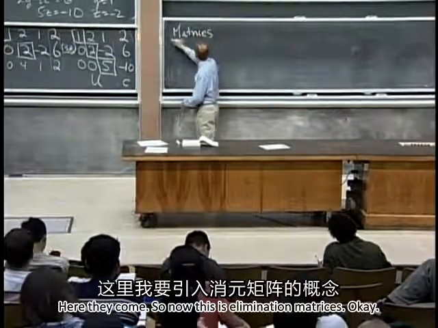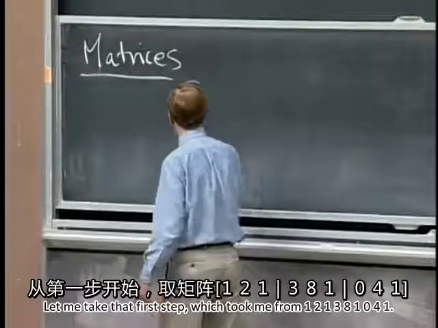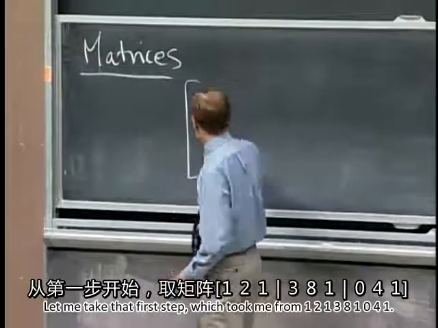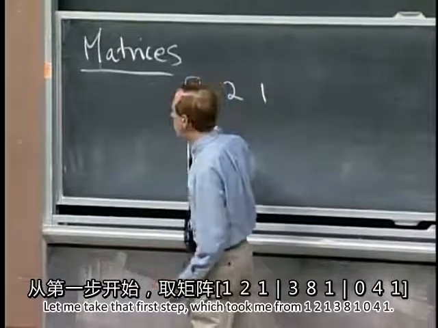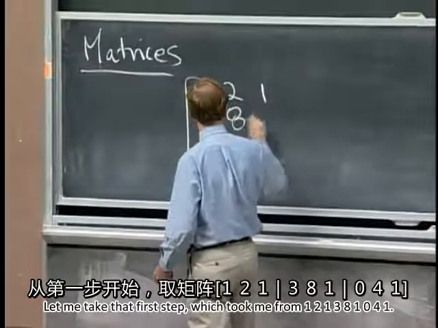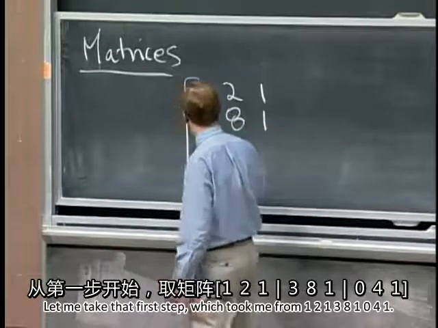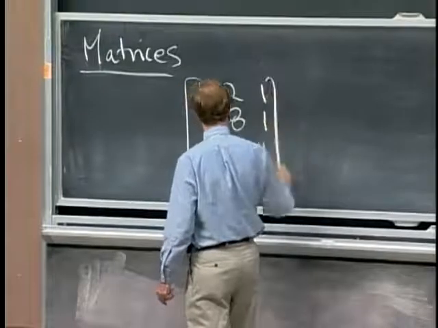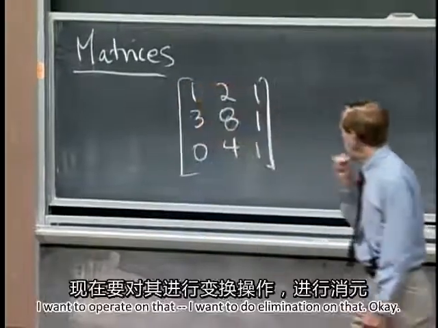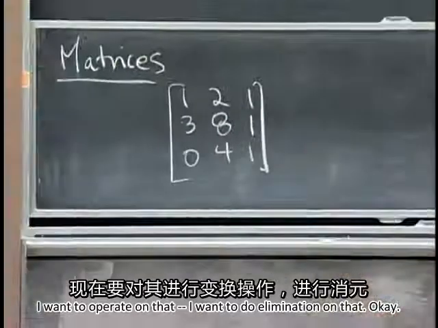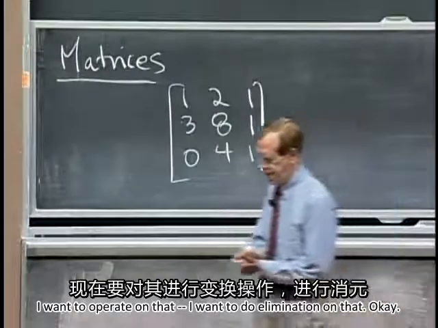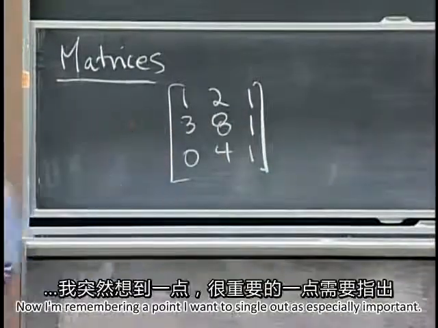Okay, let me take that first step, which took me from 1, 2, 1, 3, 8, 1, 0, 4, 1. I want to operate on that. I want to do elimination on that. Okay.